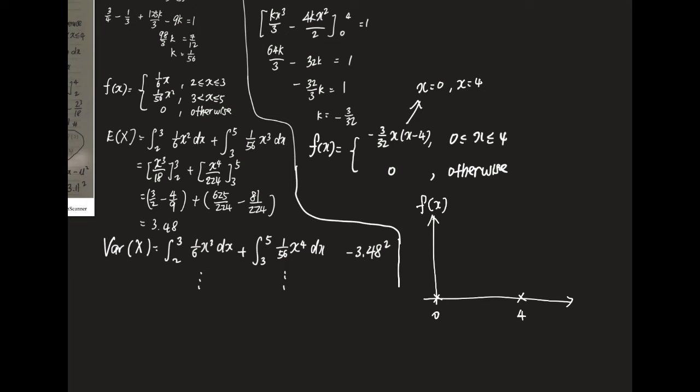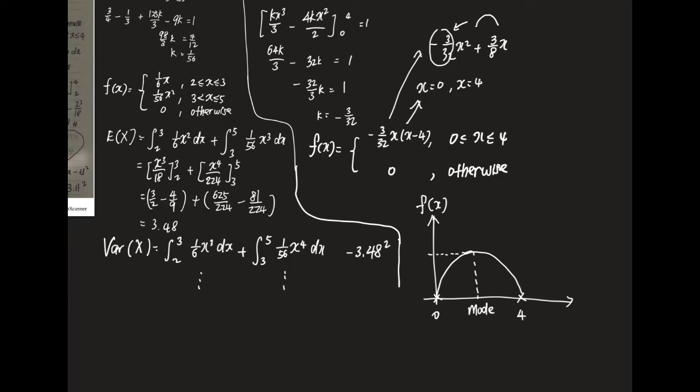And from the negative value, when you expand this, you will get negative 3 over 32 x squared plus 3 over 8x. Because this is negative, you should expect this to be a sad face graph, like this. Now we know that when f(x) is the maximum, the mode is there. So the mode is here.